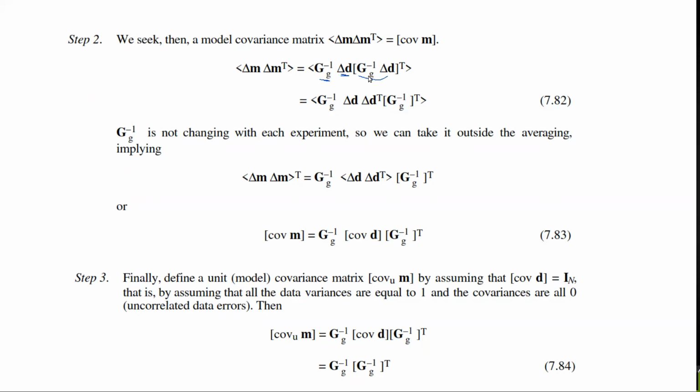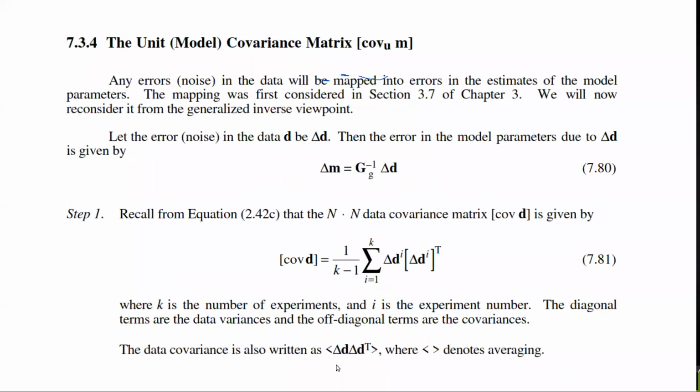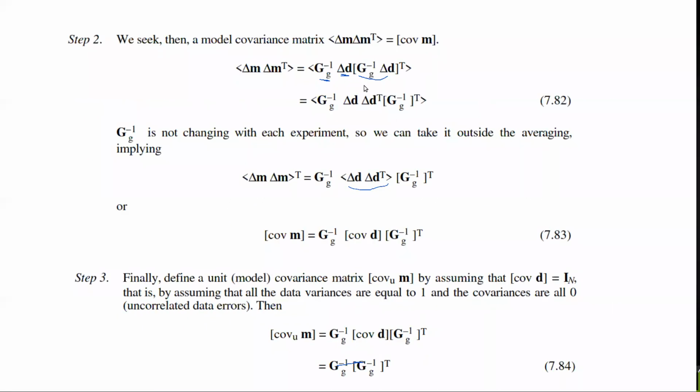Okay, so we are trying to map this data covariance using this relationship into the model covariance. And then we see that if we do the transpose operation, this D transpose comes here, and then the G transpose goes to the outside. And then this is the data covariance matrix.